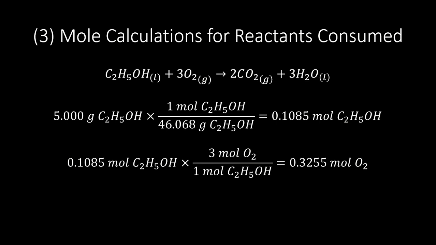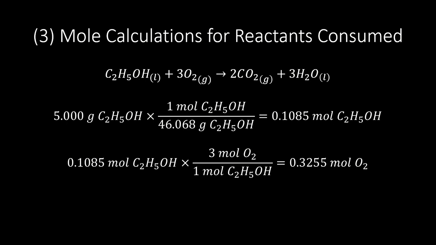In other words, if we're trying to solve for moles of O2, let's have moles of O2 over moles of ethanol. And according to our balanced chemical equation, for every 3 moles of O2 that gets reacted, that involves also reacting 1 mole of C2H5OH. So 0.1085 moles of ethanol times 3 moles of O2 over 1 mole of ethanol just gives us 0.3255 moles of molecular oxygen.